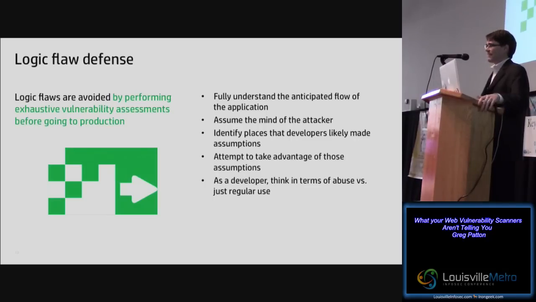What happens if they go from step A to step D? What happens if they input some unexpected value? How does the application behave? So in defending against logic flaws, we look for places where developers potentially made some type of assumption, and we see if we can take advantage of those assumptions.